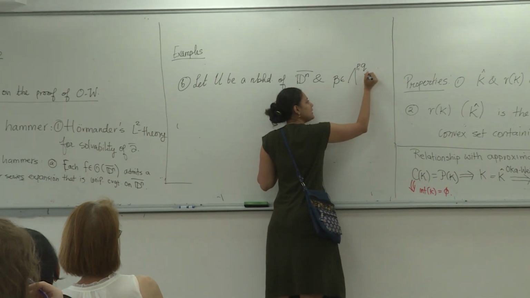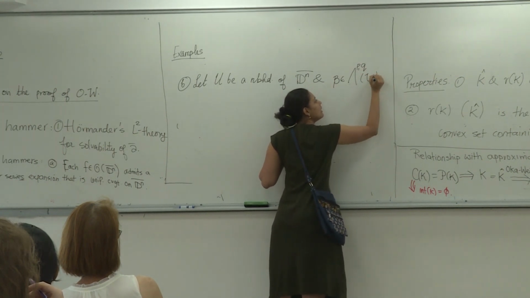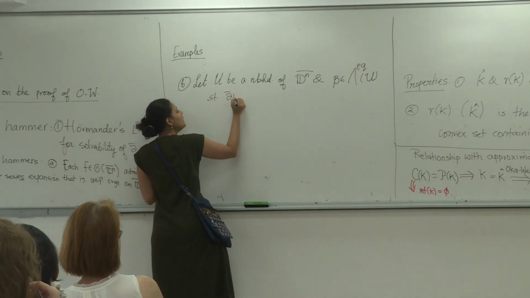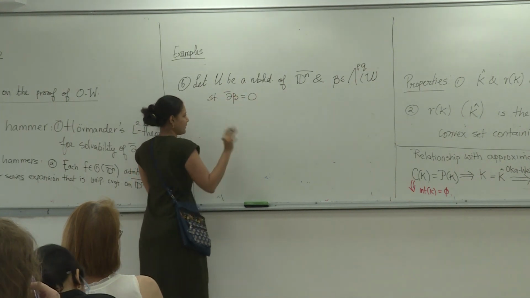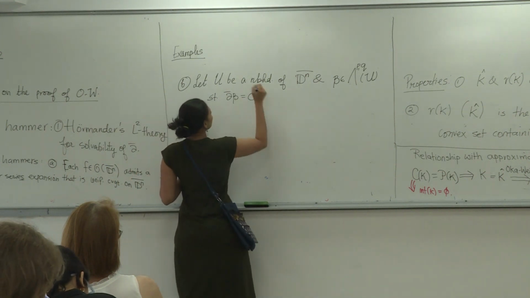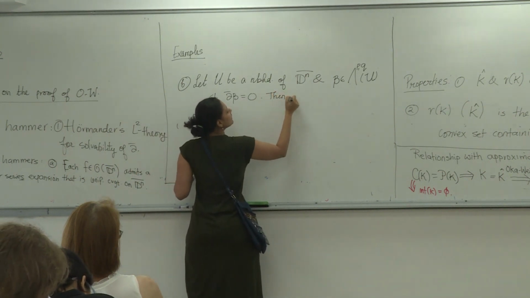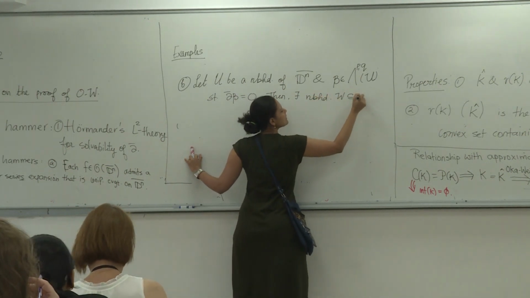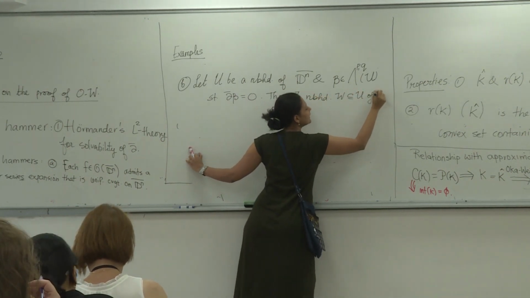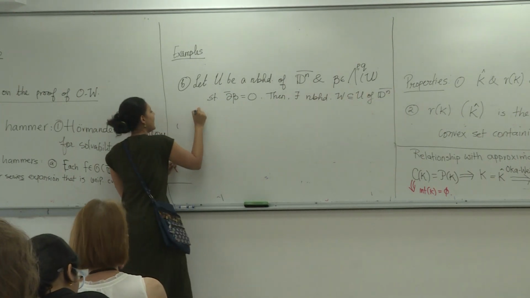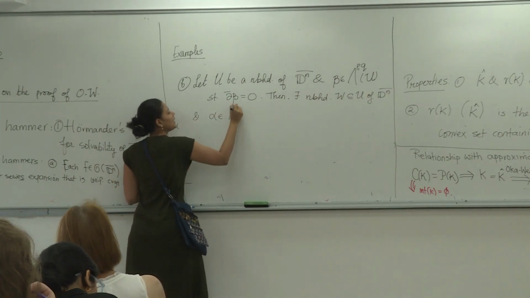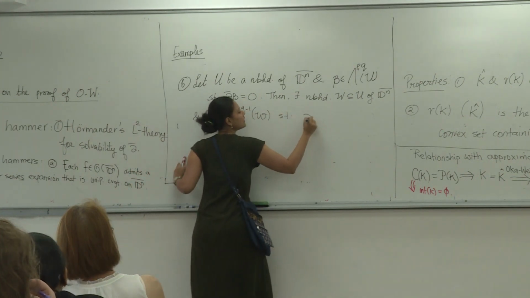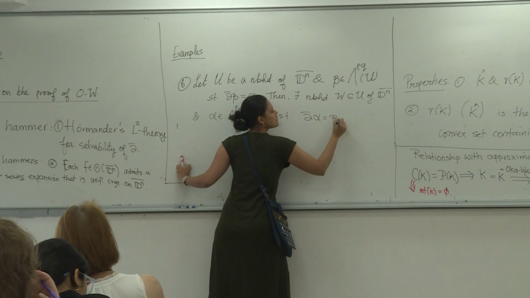I'm taking a dbar-closed PQ form beta on U, whatever that means. Then there exists a neighborhood W contained inside U of the enclosure and a PQ minus 1 form alpha on W such that d bar alpha is equal to beta.